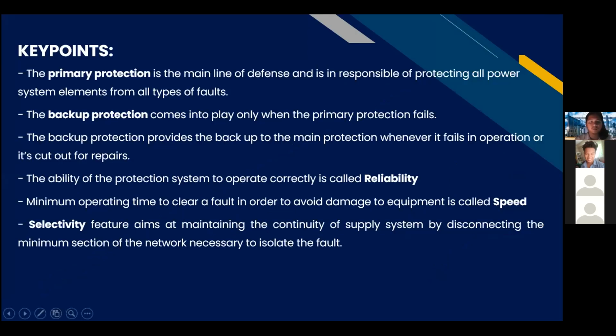First is the primary protection is the main line of defense and is responsible for protecting all power system elements from all types of faults. Next, the backup protection comes into play only when the primary protection fails. The backup protection provides the backup to the main protection whenever it fails in operation or it's cut out for repairs.